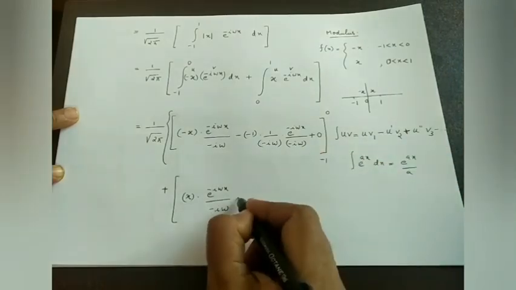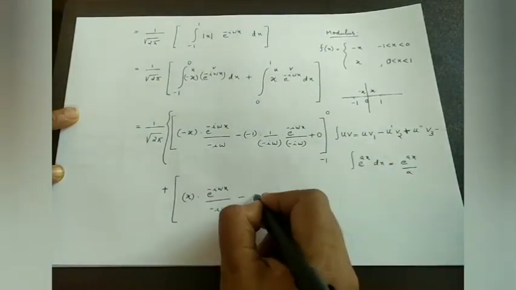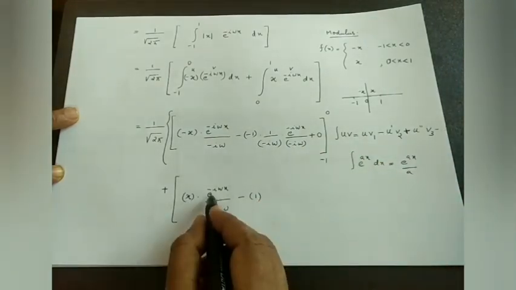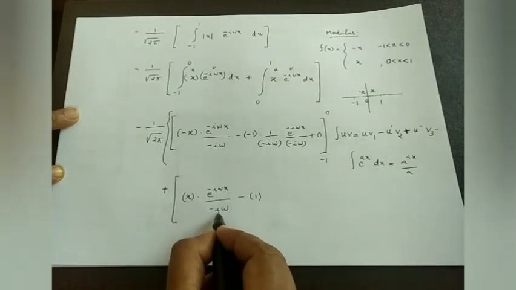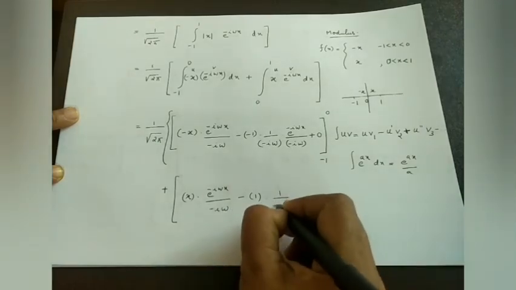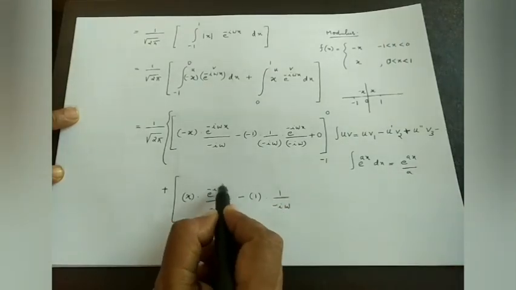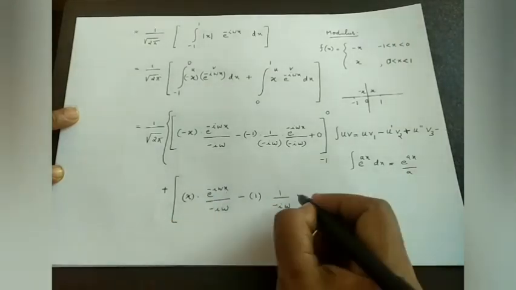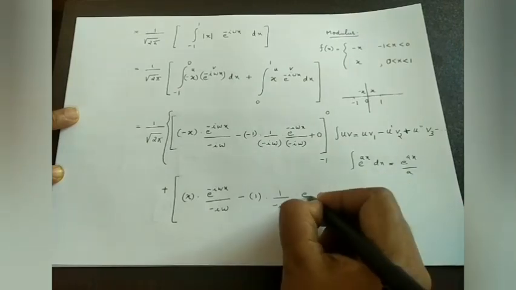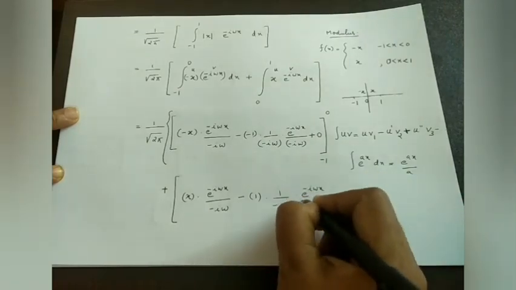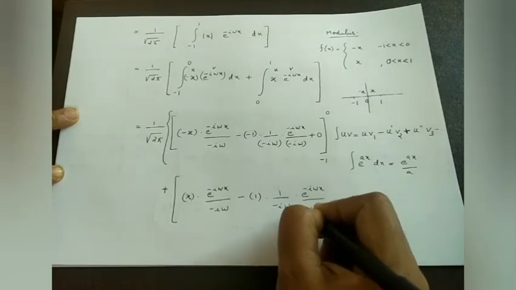Then minus derivative of x, 1. Again integral of this. Here already we have minus I omega as a constant. We will take it outside. We will find out the integral of e raised to minus I omega x only, that is of the form e raised to minus I omega x by minus I omega.